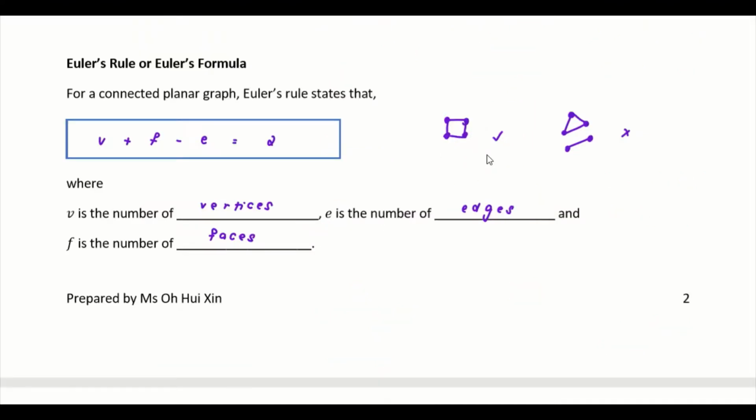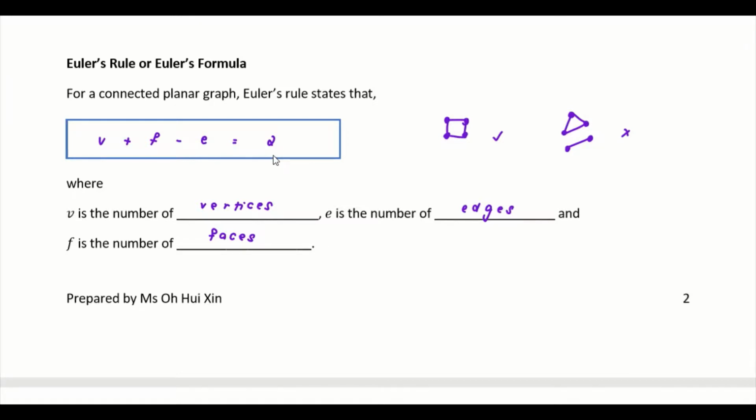Oh yeah, before we move on to the example, maybe you might have this question. Let's say you have a planar graph, and after you redraw it, you check using Euler's rule, and you realize that V plus F minus E doesn't give you 2. Does that mean your graph is wrong?